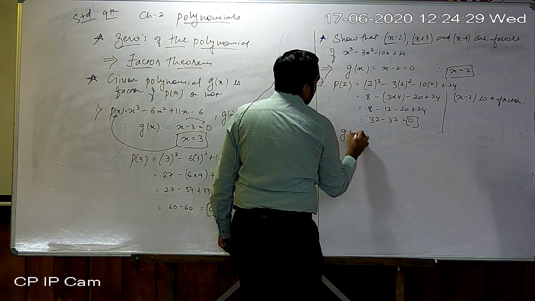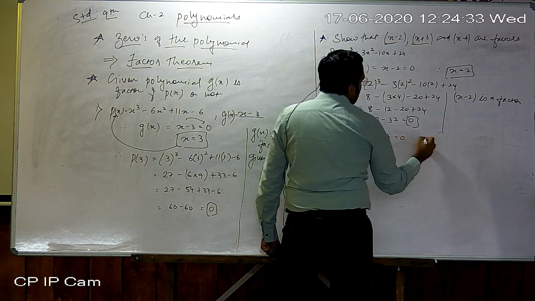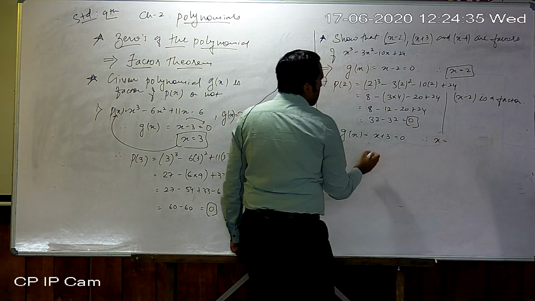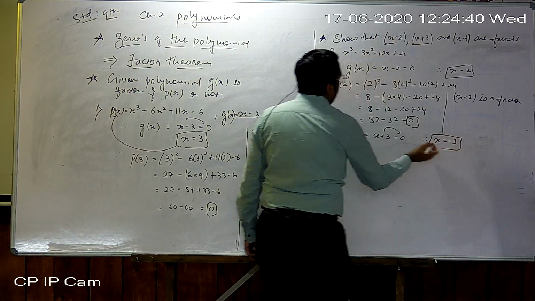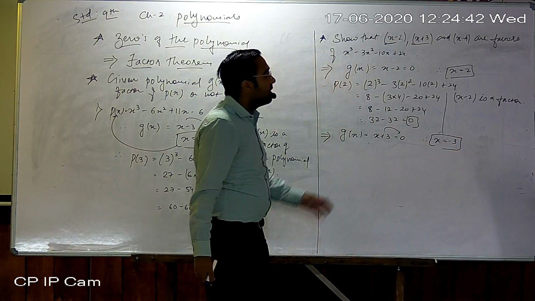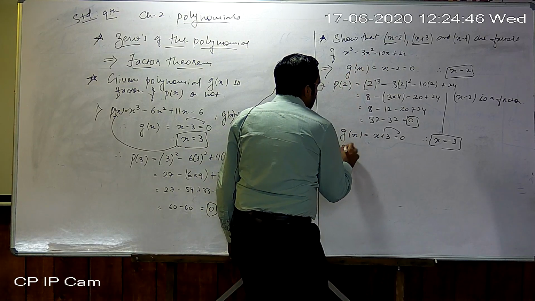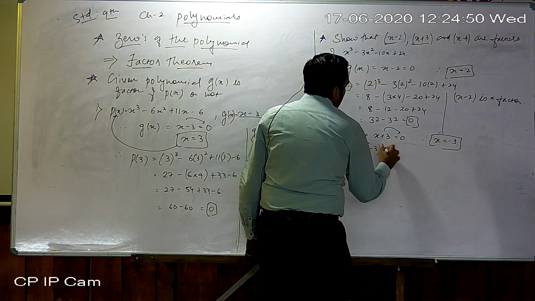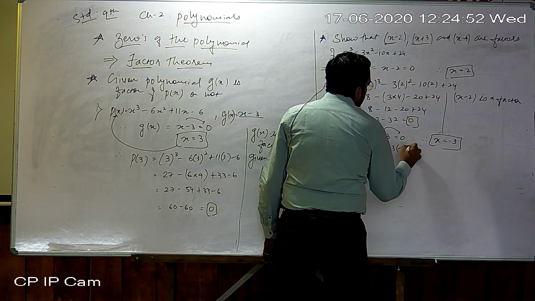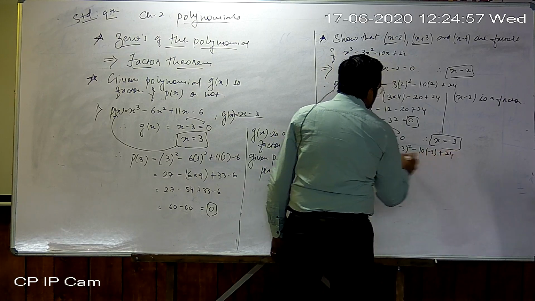So I'll take g of x equal to x plus 3 equal to 0. Therefore my value of x is minus 3. Now put the value of x in p of x. So p of minus 3 equals minus 3 cube minus 3 into minus 3 square minus 10 into minus 3 plus 24.